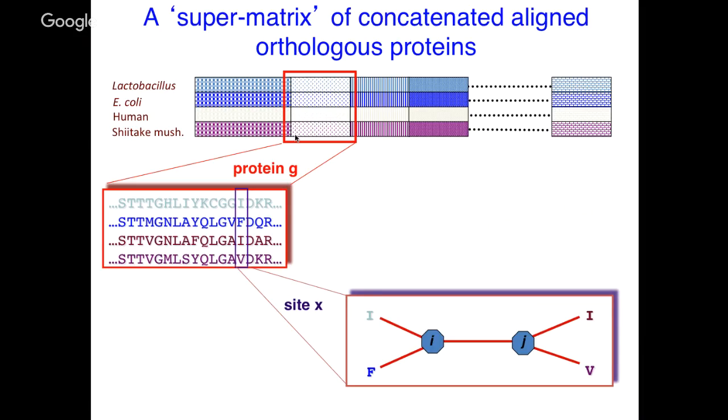And what we want to do is evaluate, with likelihood-based methods, the probability of observing the sequence at the tips of a phylogenetic tree. So in this particular site X, we have I, F, I, and V in Lactobacillus, E. coli, human, and shiitake mushroom, respectively. So the phylogenetic problem is to understand the probability of observing this data given this topology.